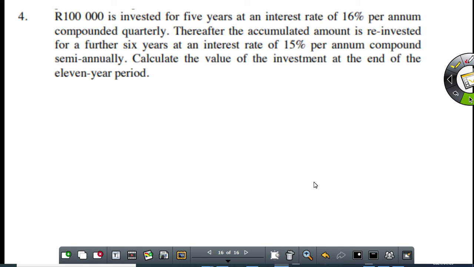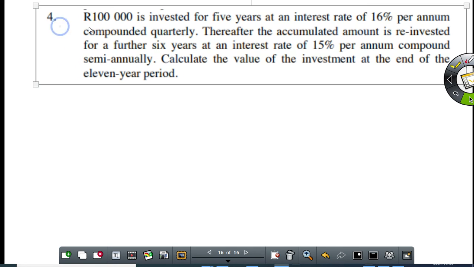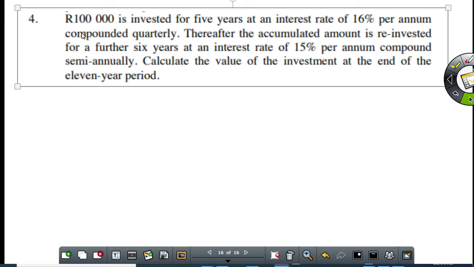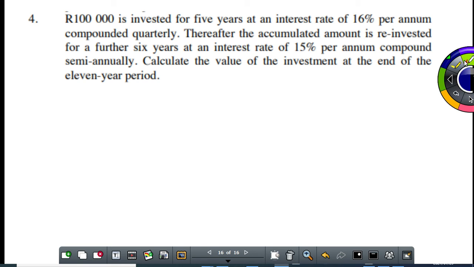All right. So this question says 100,000 is invested for 5 years. So we have got our 100,000 there. 100,000 is invested for 5 years at an interest rate of 16% per annum, compounded quarterly.